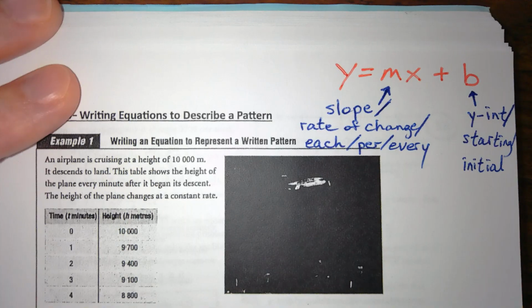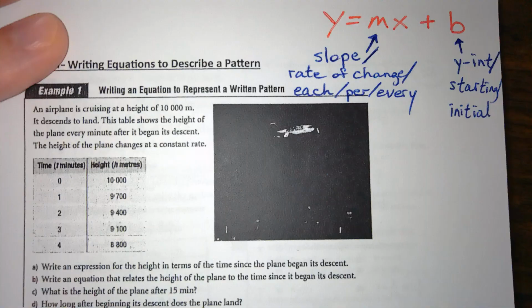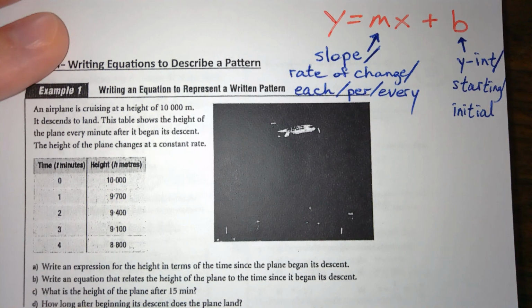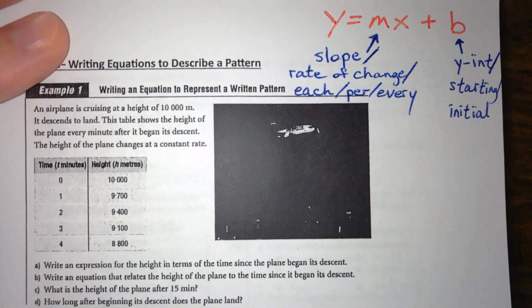Okay, Cheryl, can you read this question for us? An airplane is cruising at a height of 10,000 meters. It descends to land, but this table shows the height of the plane every minute after it began its descent. The height of the airplane changes at a constant rate. Perfect. So I want to write an equation for this scenario.